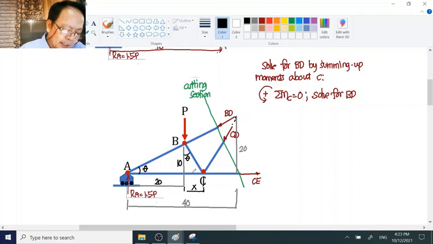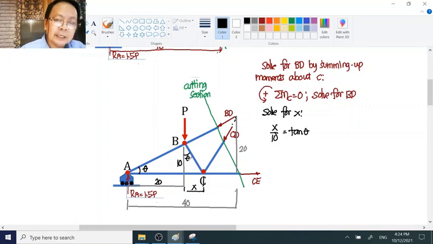From the triangle we can form an equation: x over 10 is equal to tangent of theta. If we solve for x, by ratio and proportion, x over 10 is to tangent of theta, since it is the opposite over the adjacent side of this angle.